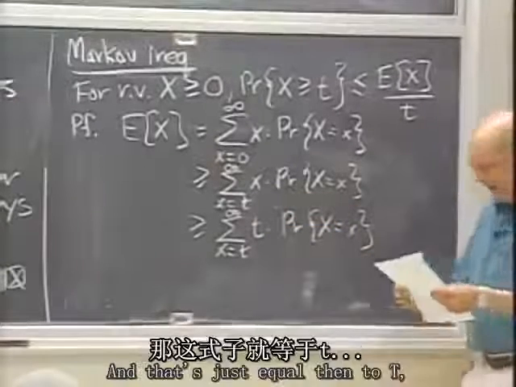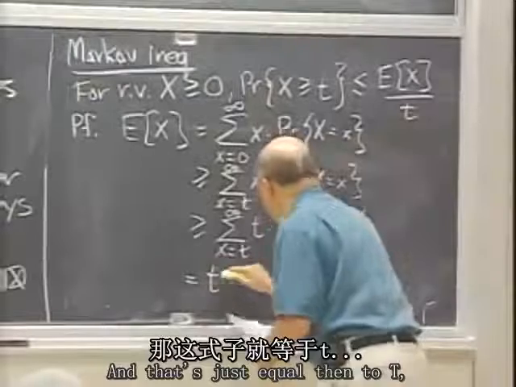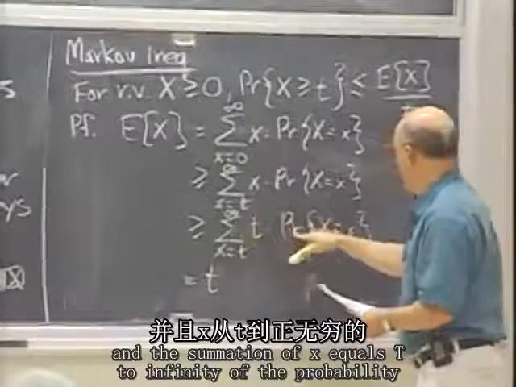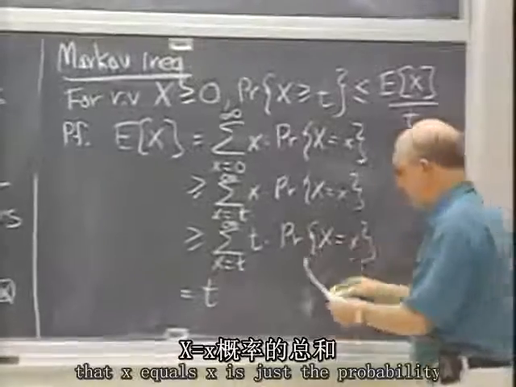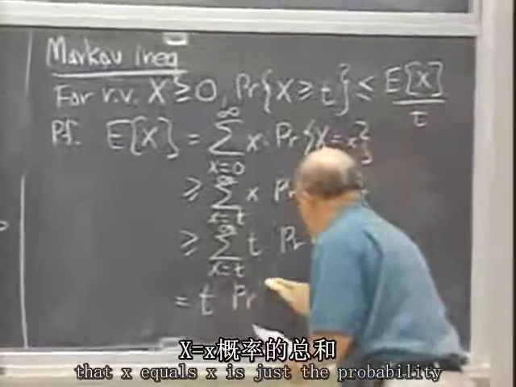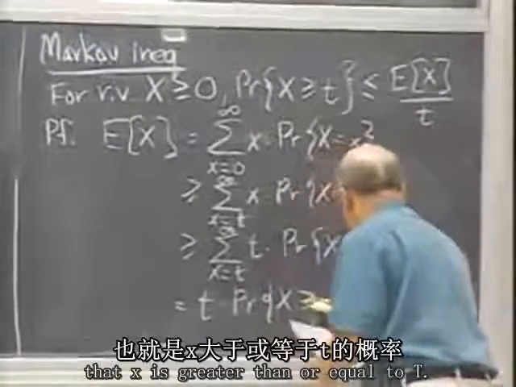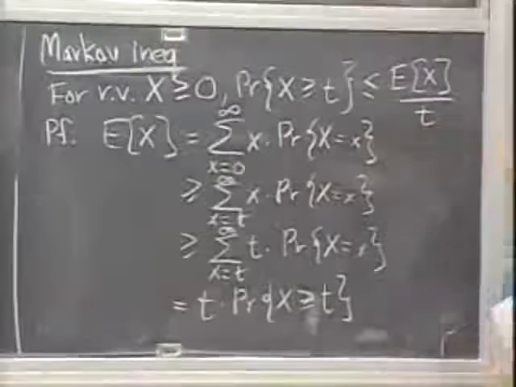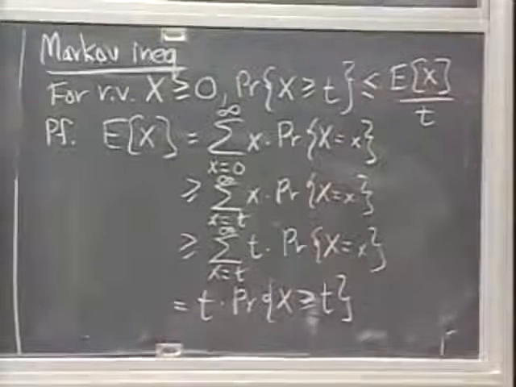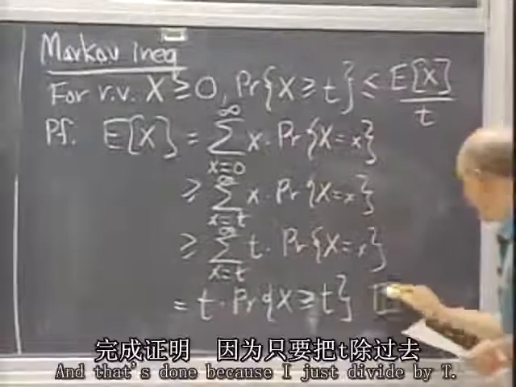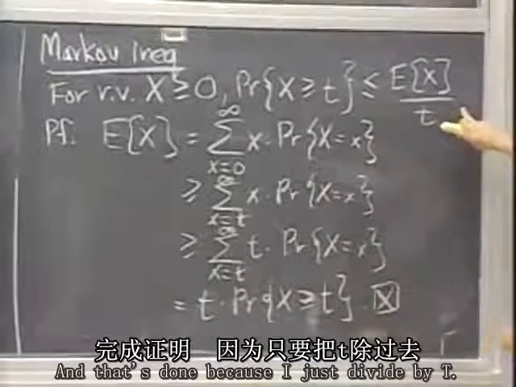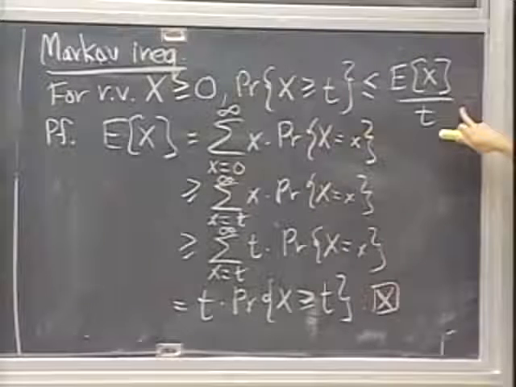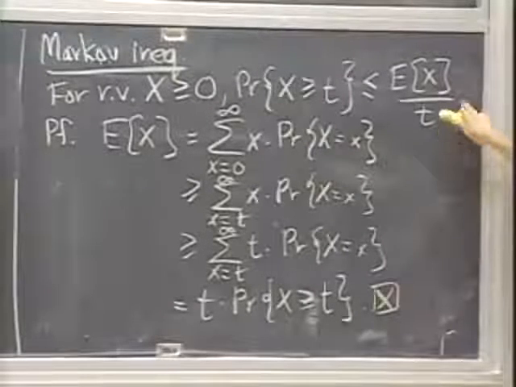And that's just equal to t times the summation from x equals t to infinity of the probability that X equals x, because I can pull the t out, and that sum is just the probability that X is greater than or equal to t. And that's done, because I just divide by t.